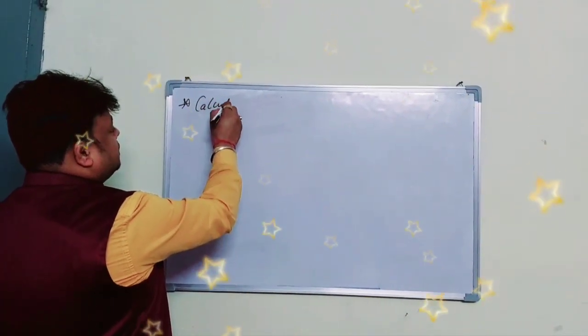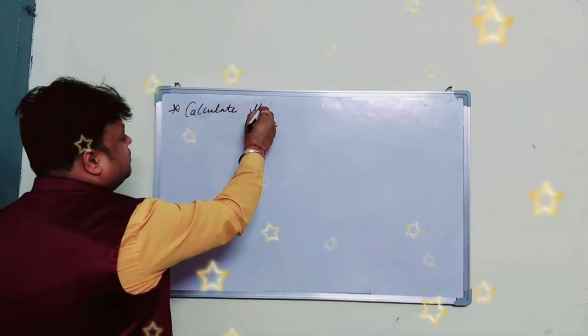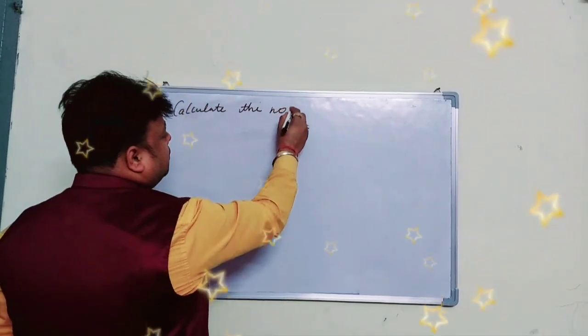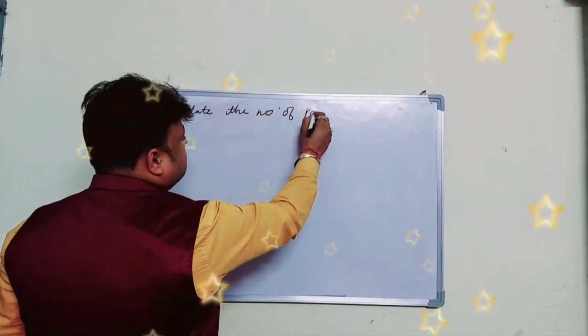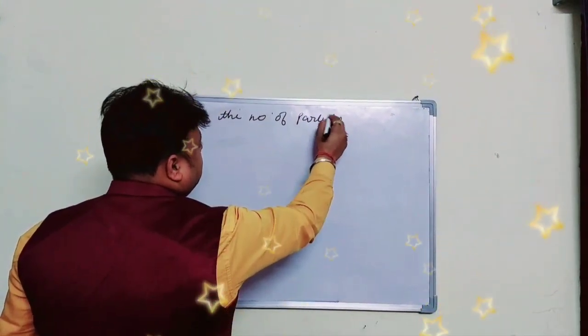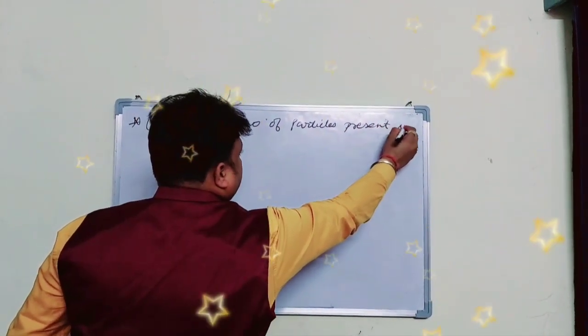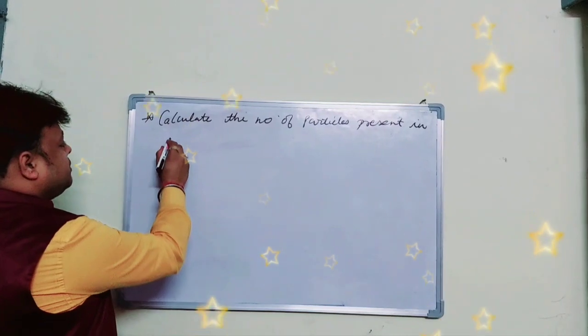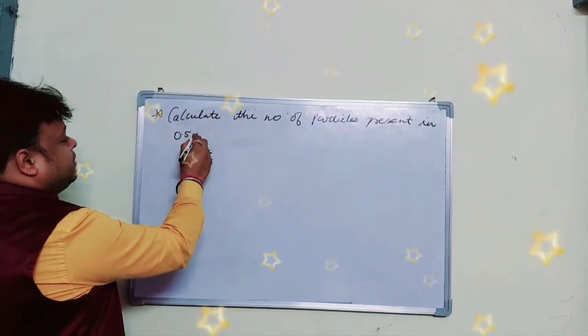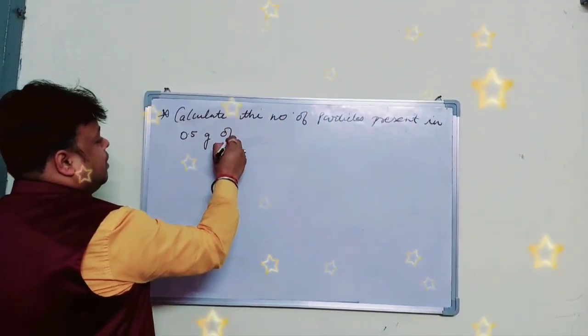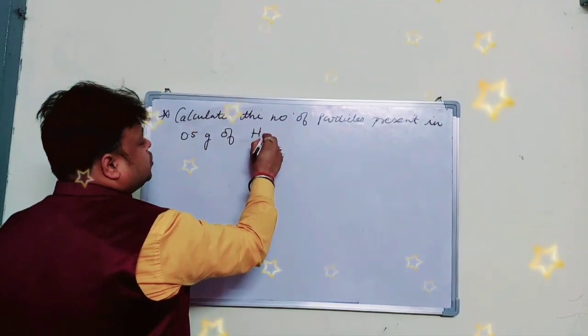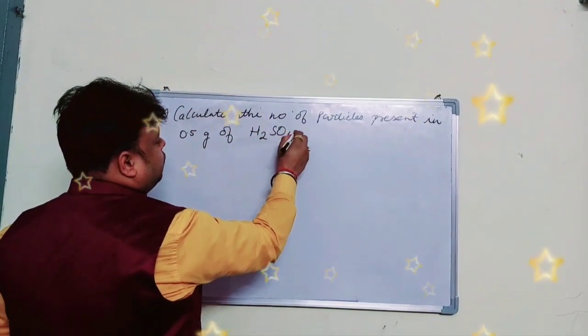So here is a question. Calculate the number of particles present in 0.5 gram of H2SO4.